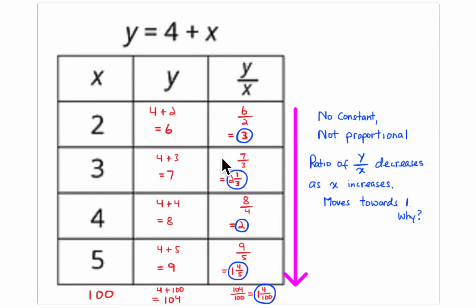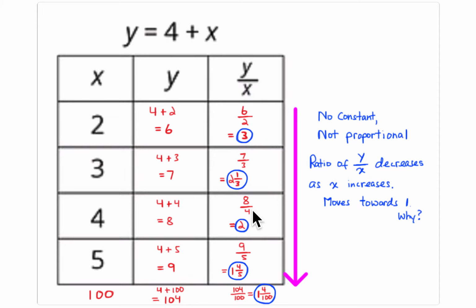All right, so let's fill in the table. The first one is 4 plus x. So I went through some of the calculations here. These are pretty straightforward. 4 plus 2, 4 plus 3, 4 plus 4, and so on. And then the ratio, y divided by x. And I also added 100 down here at the bottom, and you'll see why in just a moment. So 100 plus 4 is 104.